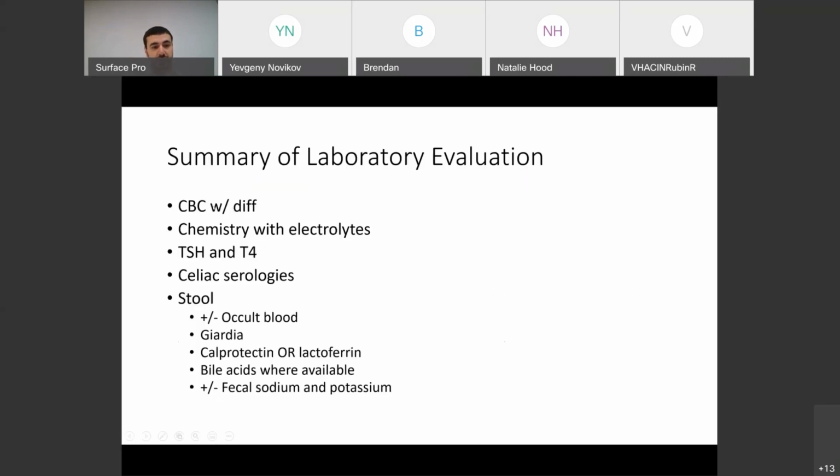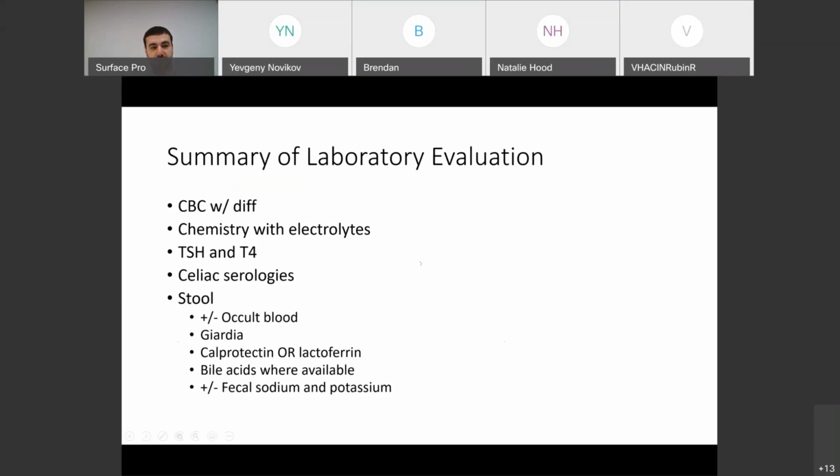So in terms of a summary of laboratory evaluation, these are the things that you want to get: CBC, Chem, TSH/T4, celiac serologies. You want to get Giardia, calprotectin, and then bile acids where available, plus or minus on the occult blood, plus or minus on the electrolytes. If it's a watery diarrhea, it may be helpful to you.